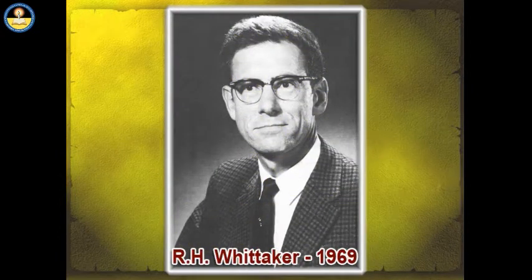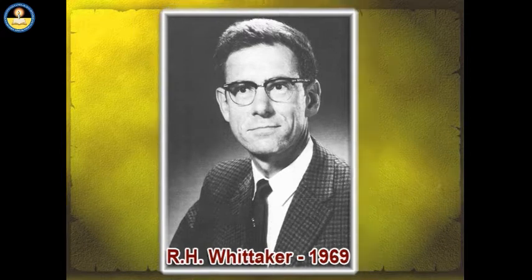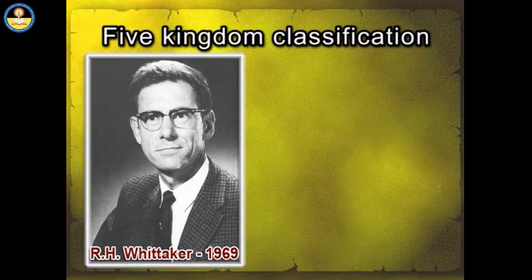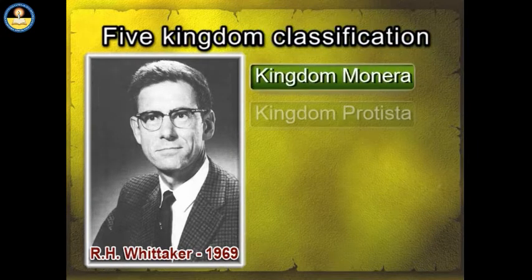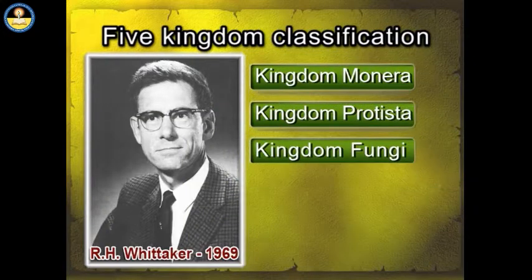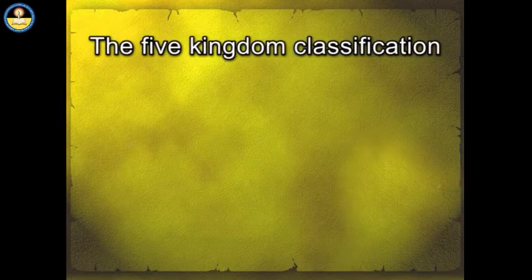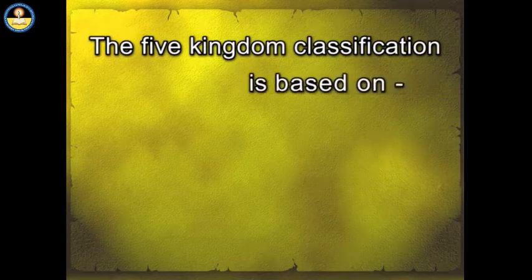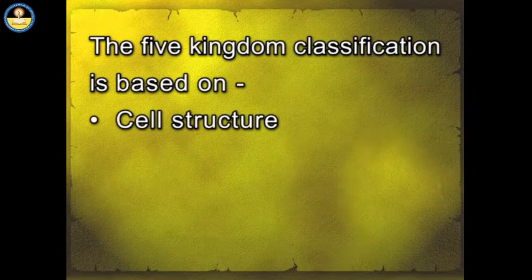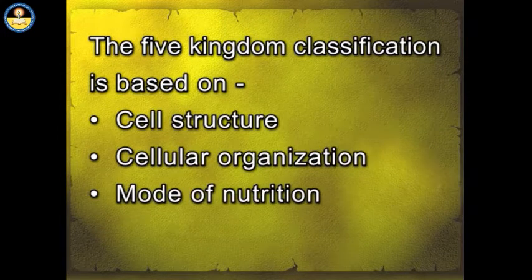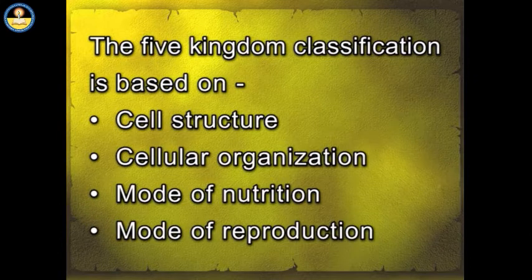In the year 1969, a scientist named R. H. Whittaker divided organisms into 5 kingdoms: Monera, Protista, Fungi, Plantae and Animalia. The 5-kingdom classification is based on cell structure, cellular organization, mode of nutrition, mode of reproduction, etc.